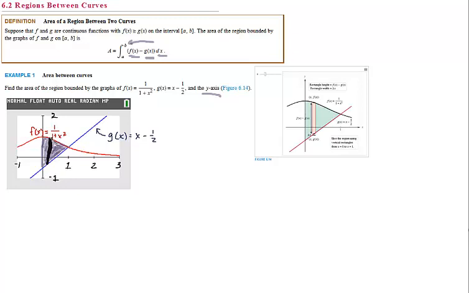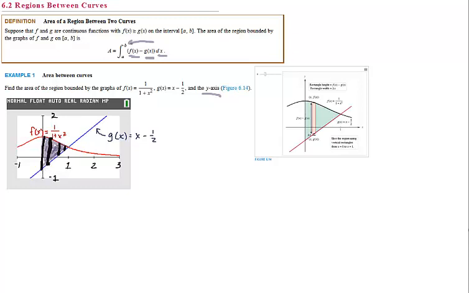Notice the top of this rectangle and the bottom of this rectangle. The top is always on the f, the bottom is always on the g, and I can slide this rectangle, which is what you physically do in your mind, all along through here, and you'll see that the top is always on the f and the bottom is always on the g.